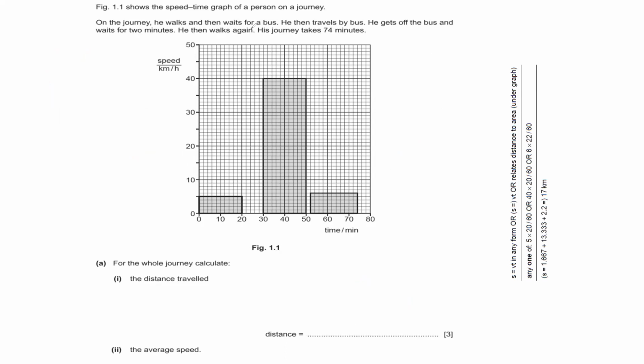Okay, another question. Figure 1.1 shows the speed time graph of a person on a journey. So this is a speed time graph for a person, and the speed is given in kilometer per hour and time is given in minutes.